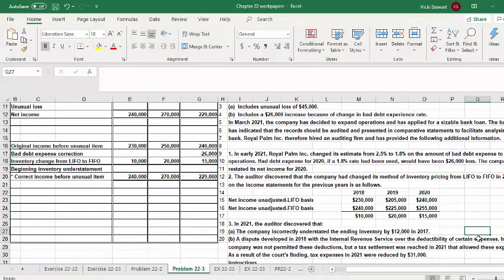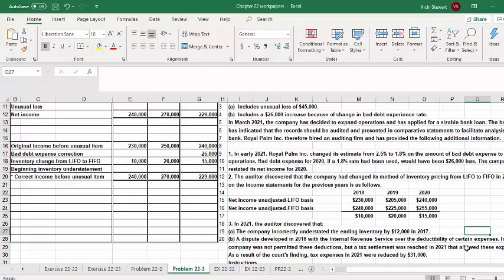The next thing, the auditor discovered an error had been made in 2017 in the ending inventory. It had been incorrectly understated by $12,000. We know that when we understate ending inventory in one year, we understate beginning inventory in the following year.